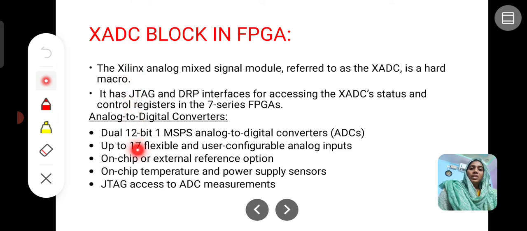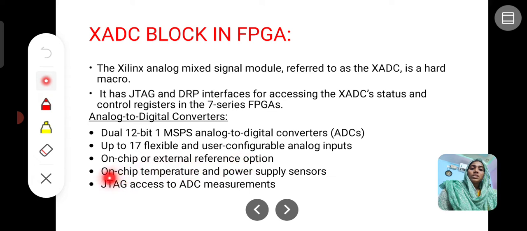Mainly, the analog to digital converters in FPGAs have the following features. Dual 12-bit 1 MSPS analog to digital converters, ADCs, and up to 17 flexible and user configurable analog inputs. There is an on-chip or external reference option.